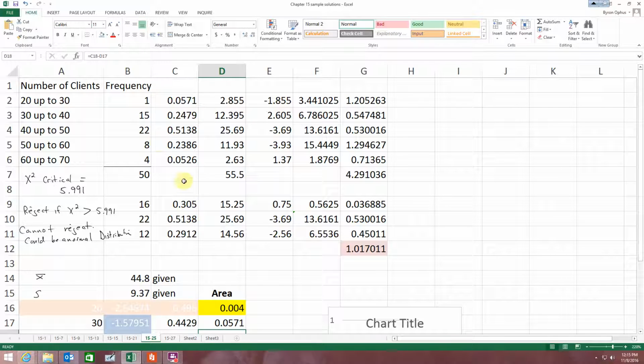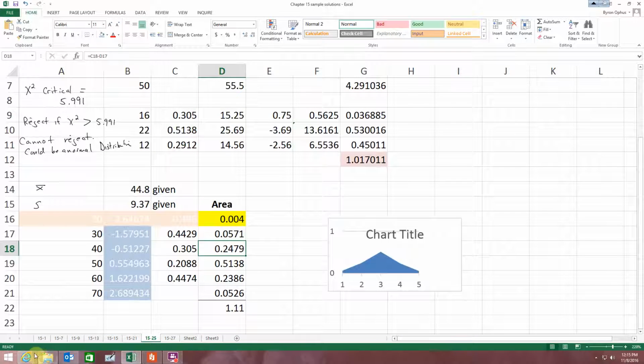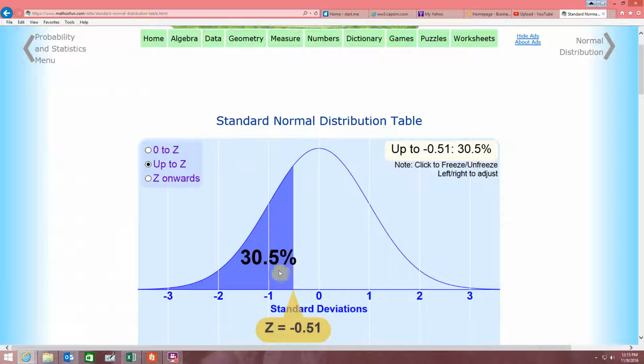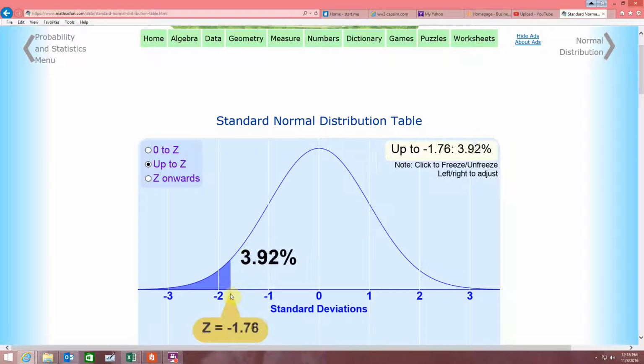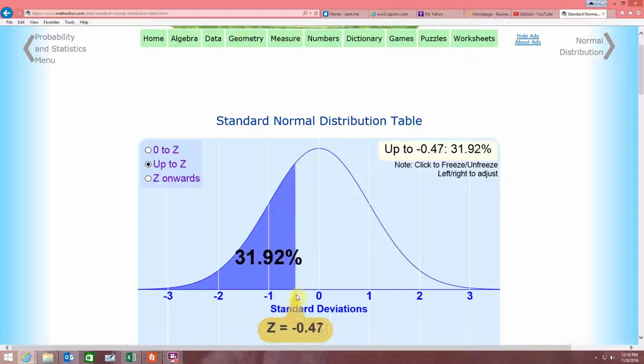And if I look back at this, 0.51 minus 0.51, and what was my other one? Somewhere around down here, right there. I'm really looking for this area that's in here, and this chart doesn't let me really demonstrate that, but I'm looking for that area there.